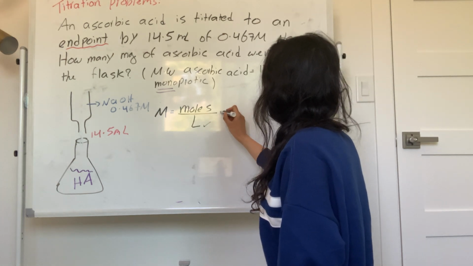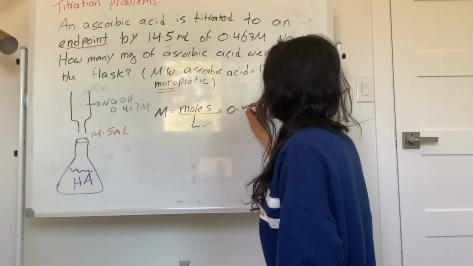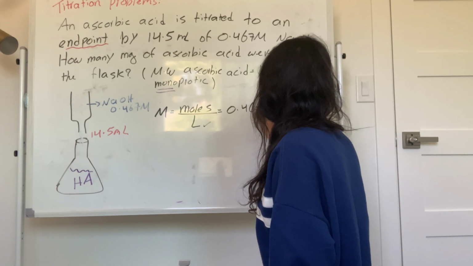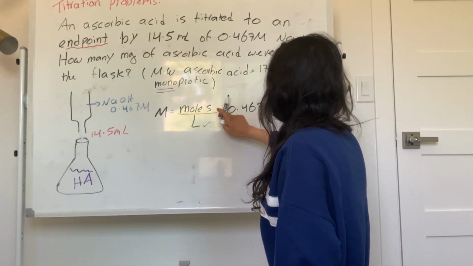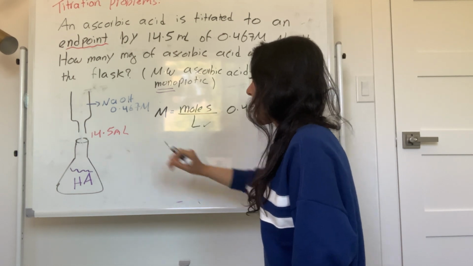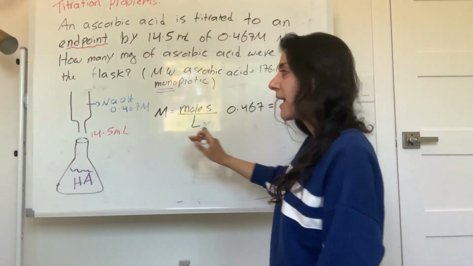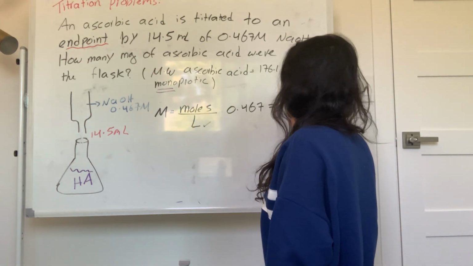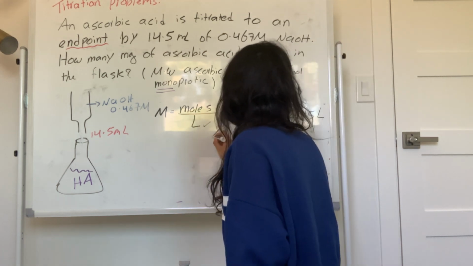Okay, so the molarity of NaOH is 0.467 equals, I don't know the moles, but I know the volume. I added 14.5 milliliters. Molarity is moles per liter, so you have to have liters. So it will be 0.0145 liters. You follow me so far?